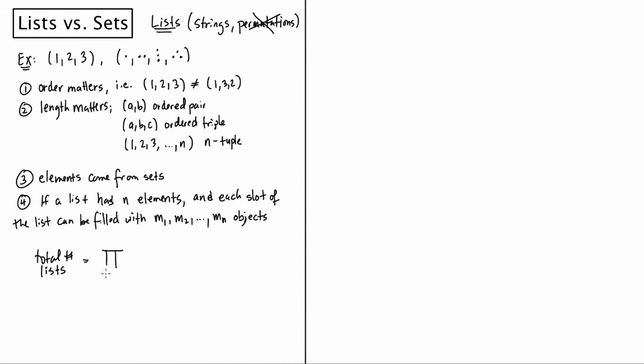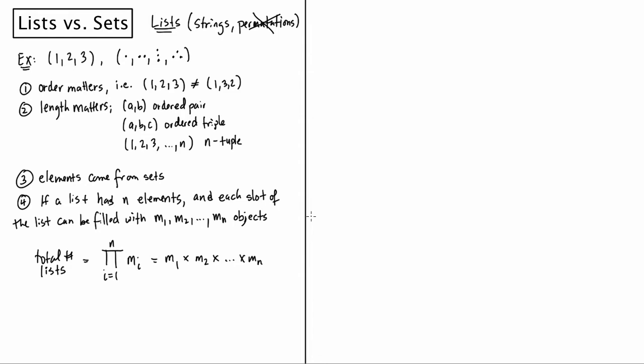It's the product over all possible values, which is just shorthand notation for M1 times M2 times all of them multiplied together. Basically it says the number of possible lists that can be generated depends on the length of the list and the number of objects that go into each slot.